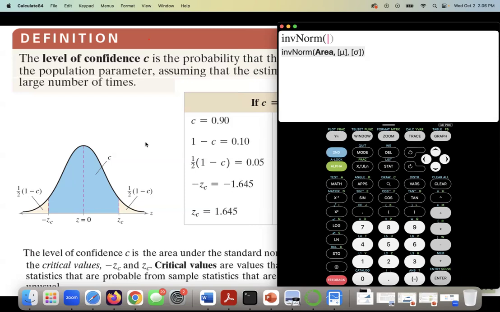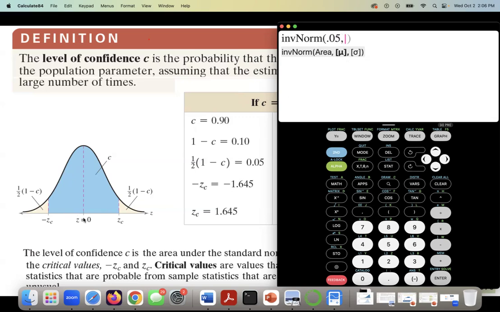What is the area? The area is not 90%. The area is 5% to the left. The calculator only has the inverse norm for the area on the left-hand side. So this total area is 90%, and 10% divided by 2 is 5%. So we need to enter 0.05. Use a comma to separate that from the mean.